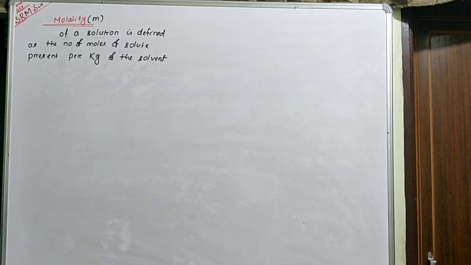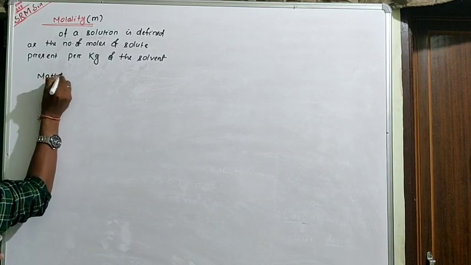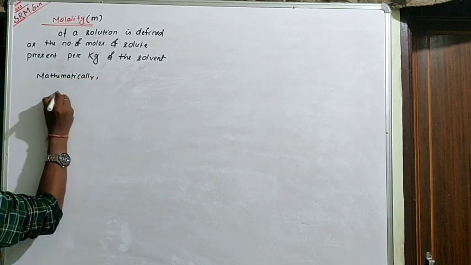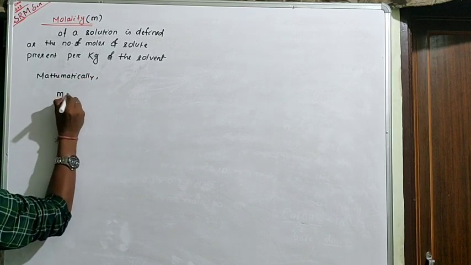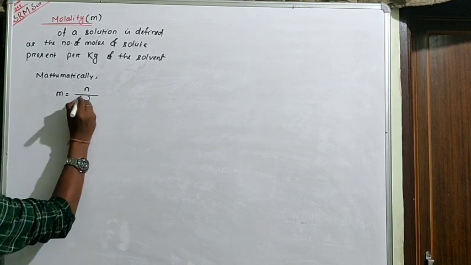So mathematically, molality equals number of moles n divided by capital W. Capital W means mass of the solvent.